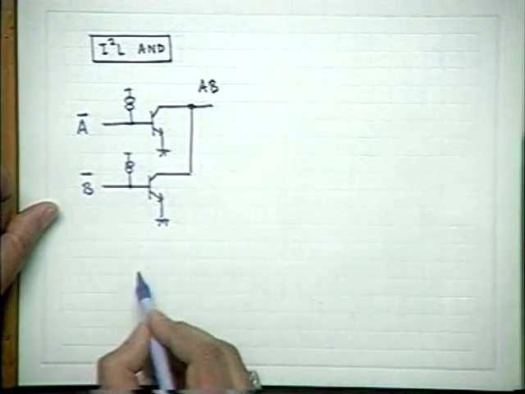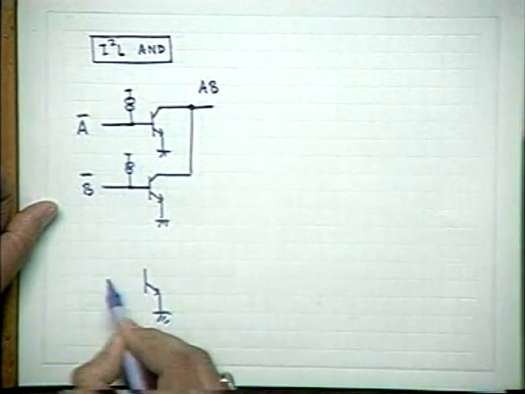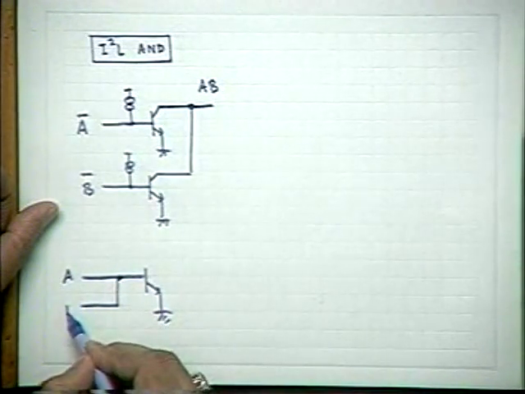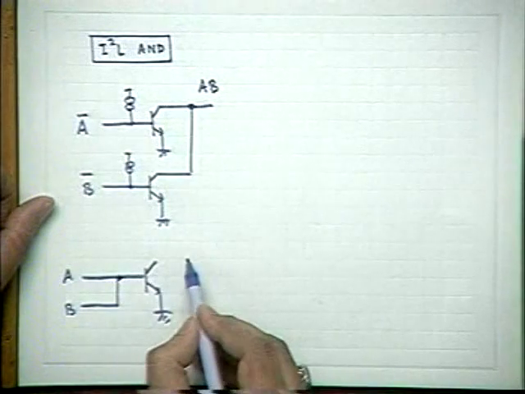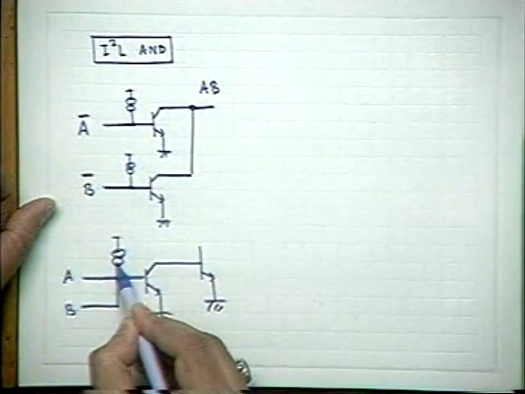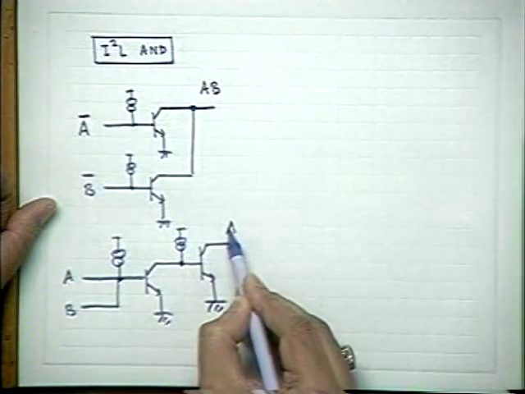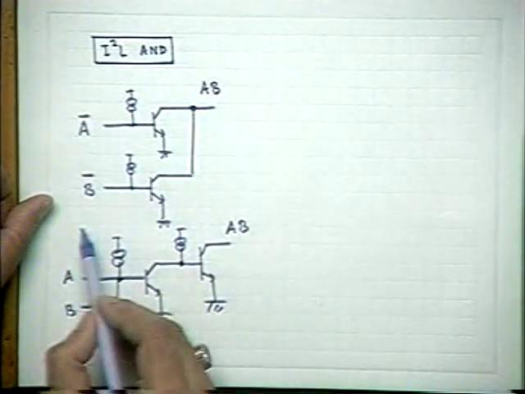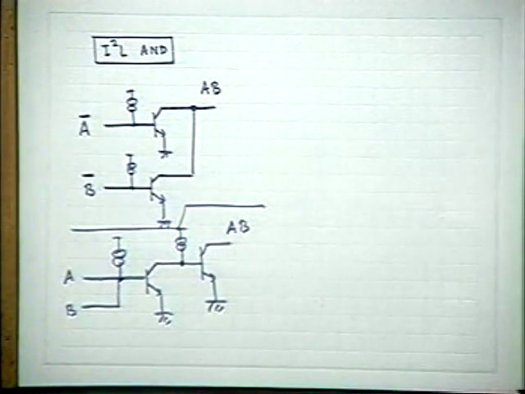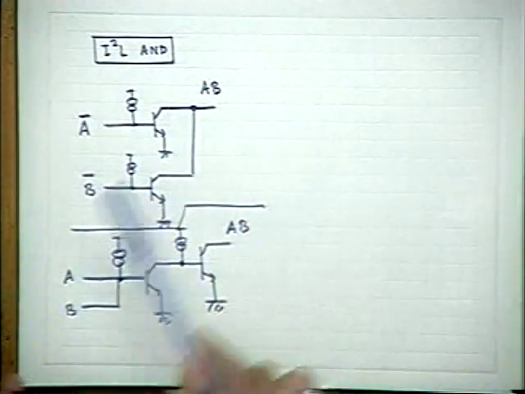An alternative approach is you first NAND it and then invert. So there are 2 alternative approaches. One is this one, the other is this one. If the complements are easily available, this one is better because there is automatic isolation.